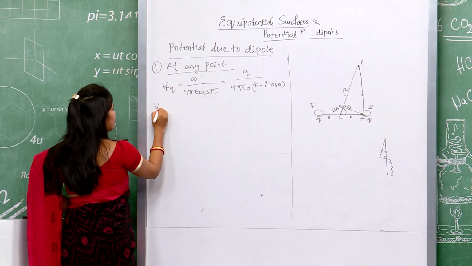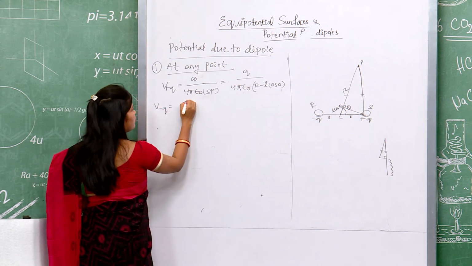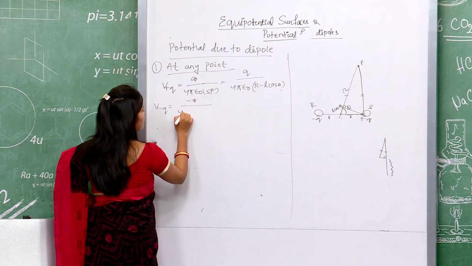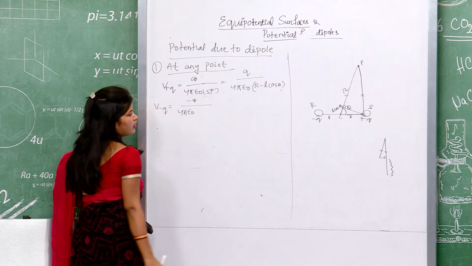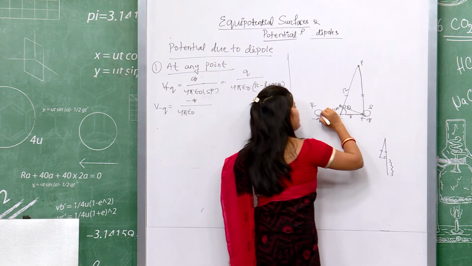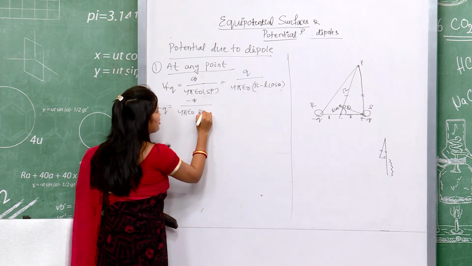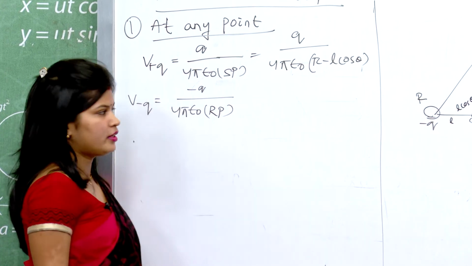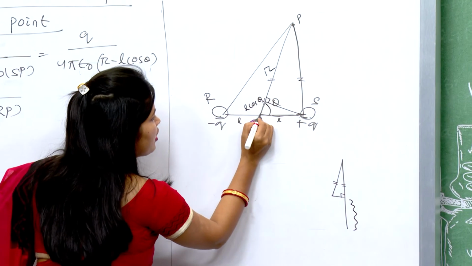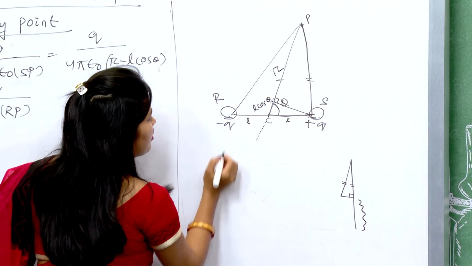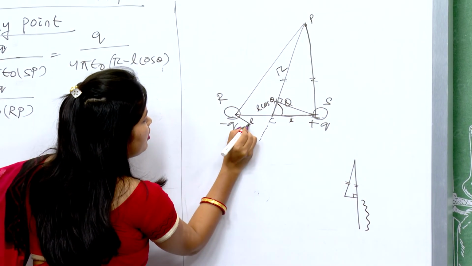Now, potential due to minus Q is minus Q upon 4 pi epsilon naught times this RP distance. How will I calculate RP? In a similar way, I will extend this line and put a perpendicular here.